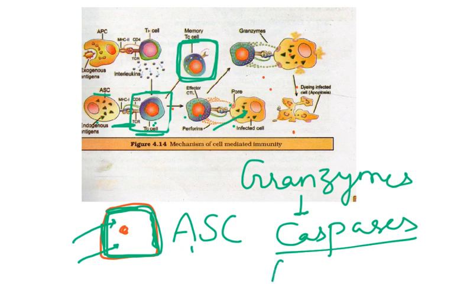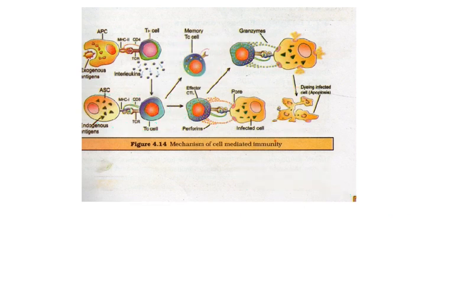That means cell suicide we are talking about. We say that process is apoptosis, programmed cell death. So now the infected cell is dying. This is such a kind of immunity we say is cell-mediated immunity.